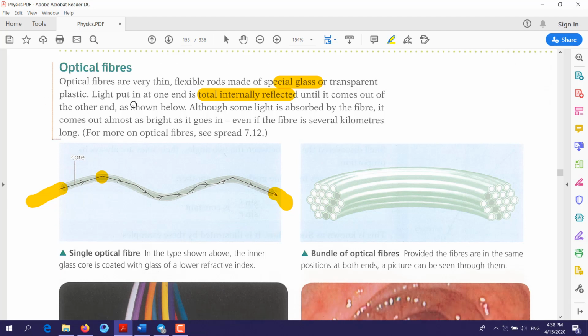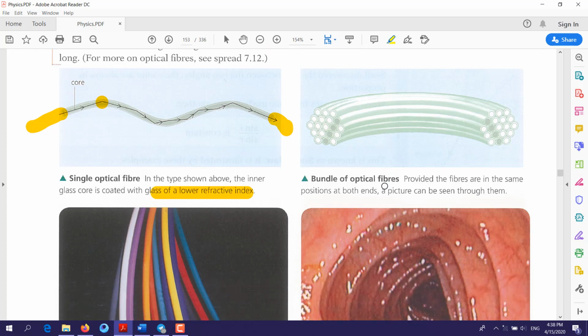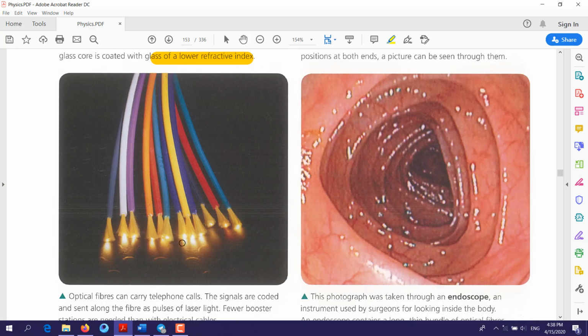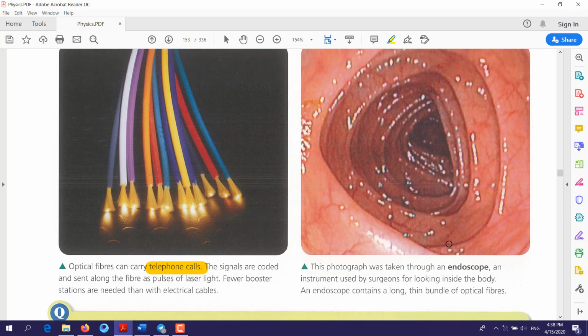So optical fibers have a range of uses. For example, here we have a single optical fiber. Another example, a bundle of optical fibers. Optical fibers can carry telephone calls. Also, this photograph was taken through an endoscope.